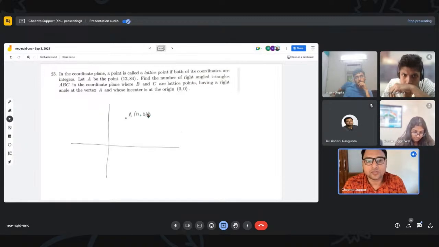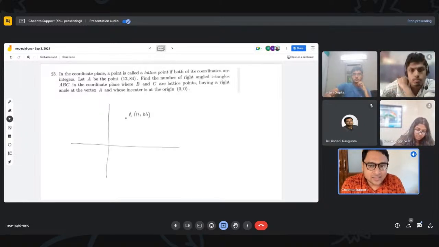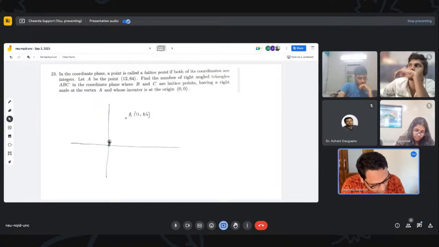We want to find the number of right angle triangles ABC in the coordinate plane where B and C are lattice points, having a right angle at the vertex A, whose incenter is the origin. So origin O is the incenter.